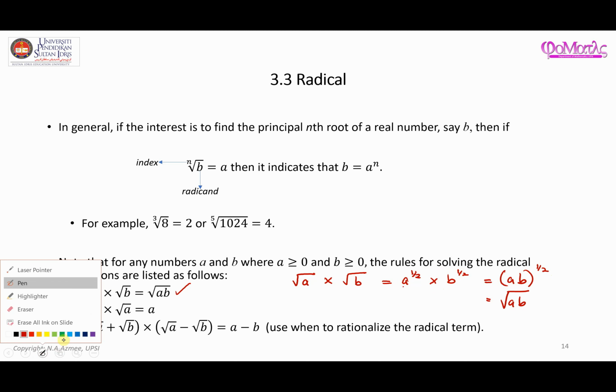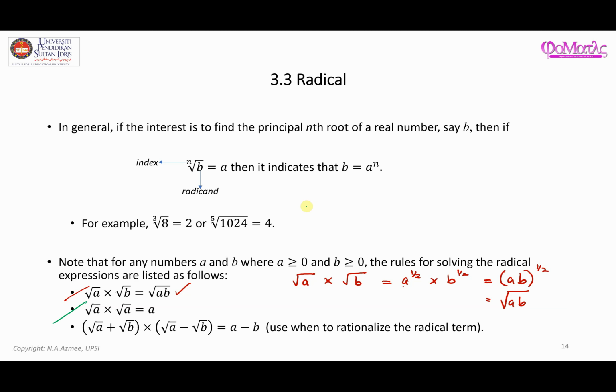Right, next let's move on to this one. Again with a similar idea, we have square root of a times square root of a. The fractional exponent is going to look like this. We can see that we have the same value over here, so we can consider them together.